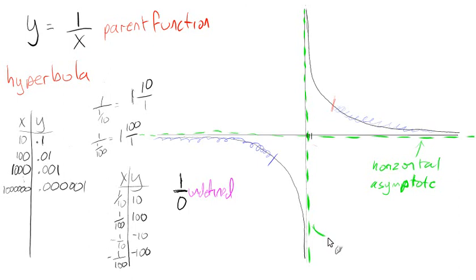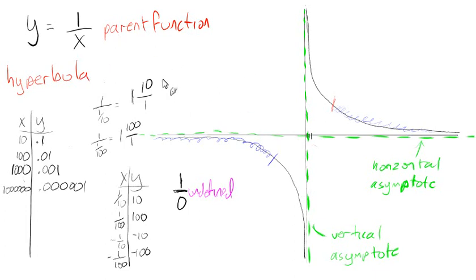So, just like there is this horizontal asymptote where y could never get to be 0, x is not allowed to be equal to 0, and so we call this the vertical asymptote. Okay, so the shape of it, the horizontal and vertical asymptotes, those are the important parts of the parent function.